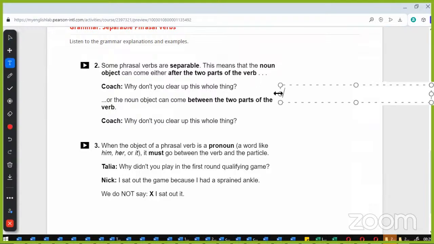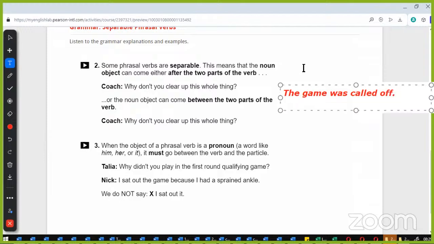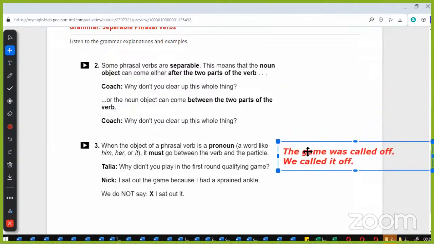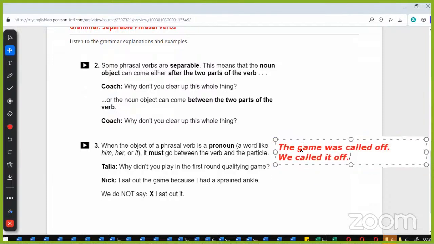Like this: The game was called off. We called it off. Here, when the object of the phrasal verb is a pronoun, it goes between the verb and the particle.